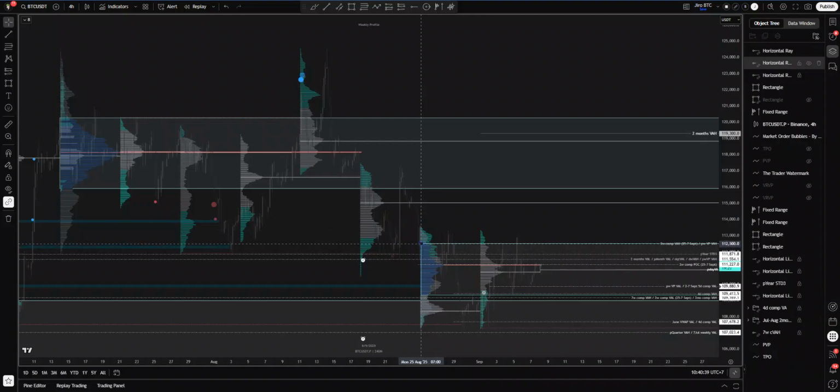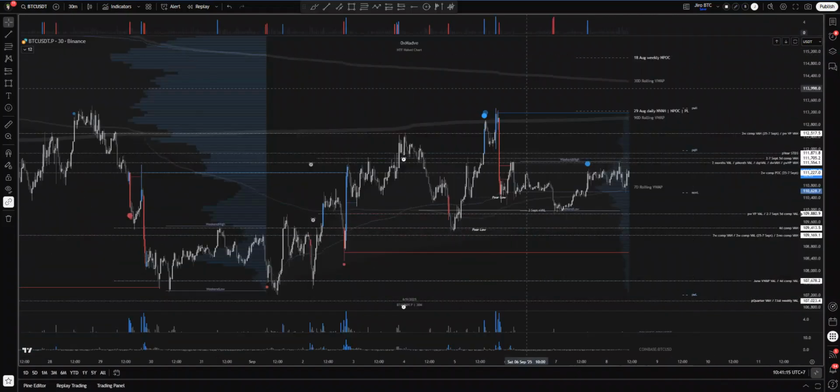The composite value area high is confluence with the previous week value area high, and the 2 weeks composite value area low here is confluence with the 7 week composite value area high. I marked the previous week value area low here. It's confluence with the 5-day composite value area low from the daily market profile, which I will talk about next.